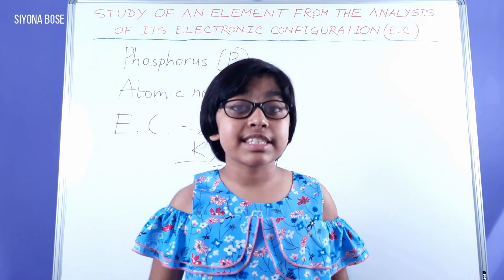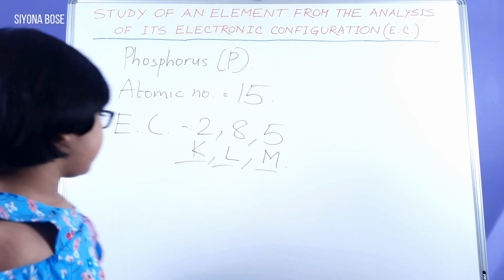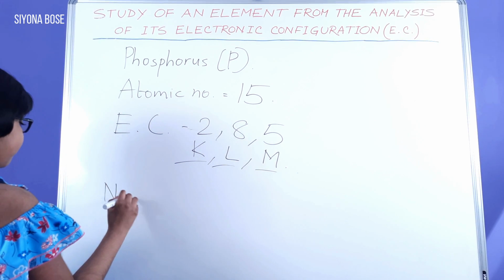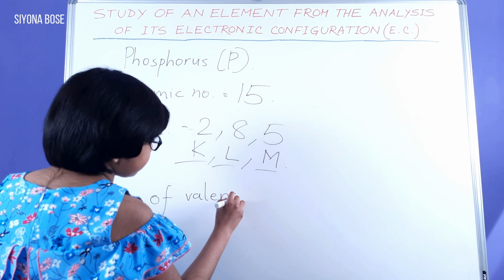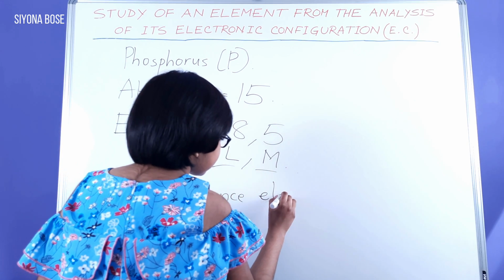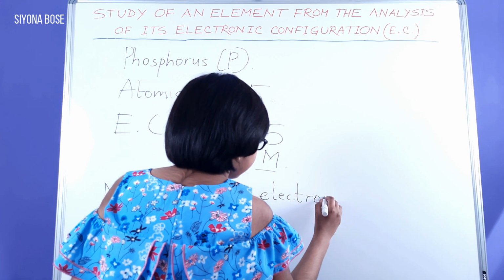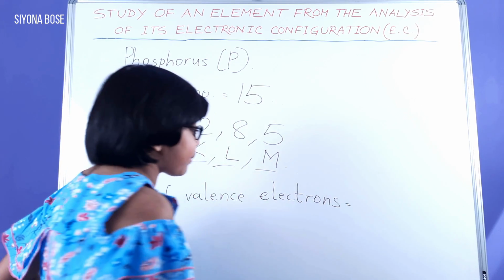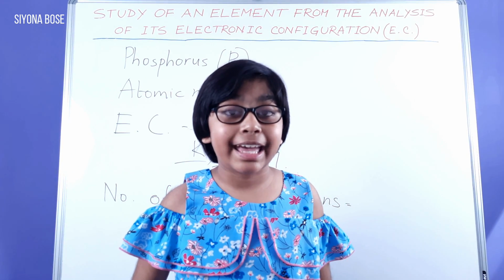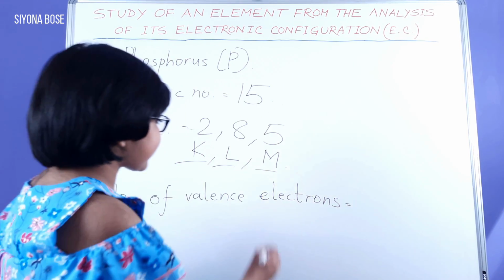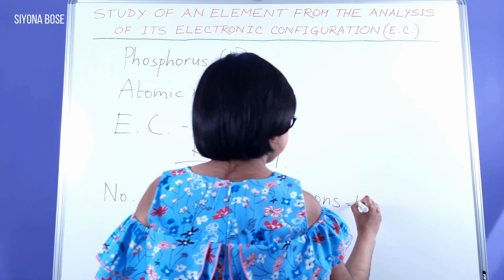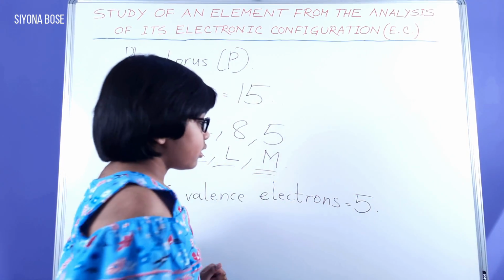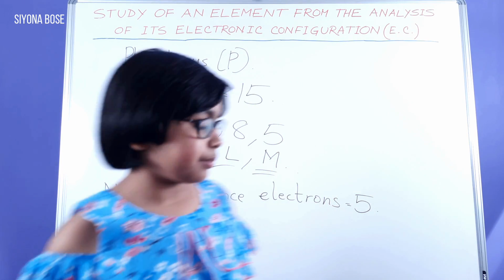Therefore, number of valence electrons, which means number of electrons in the outermost shell, which in this case is our M shell, is 5. Period number.